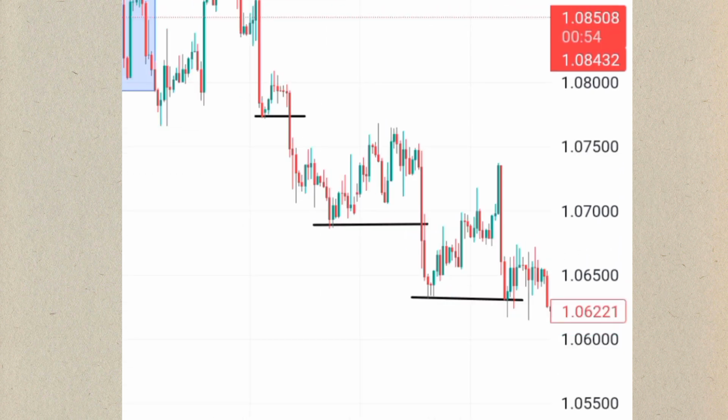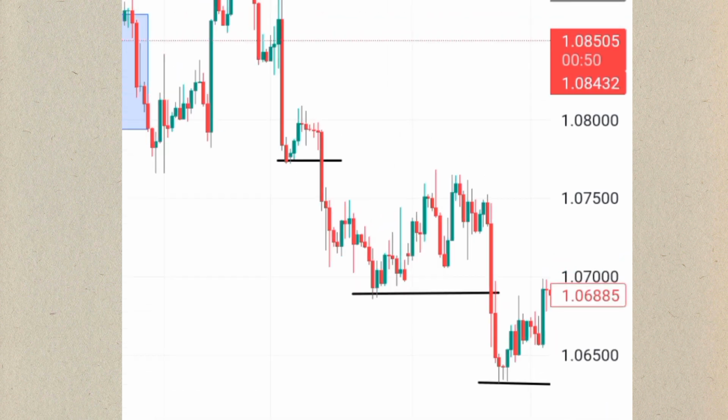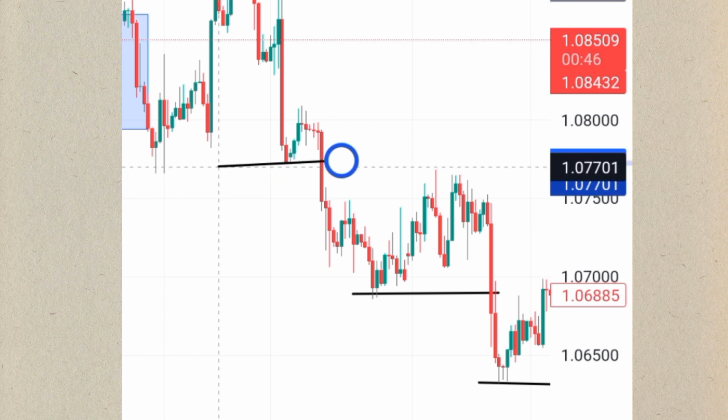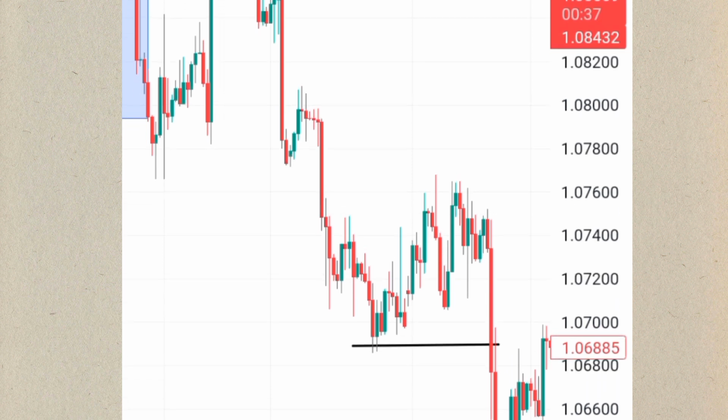After identifying the break to the downside, for example this first one, you must look for the higher low that made the break of structure.